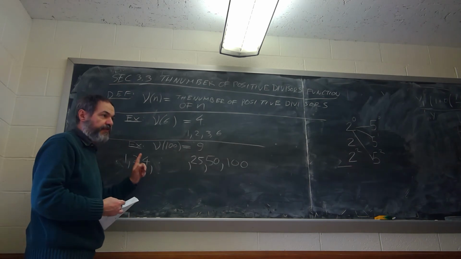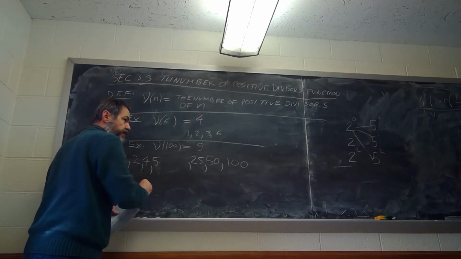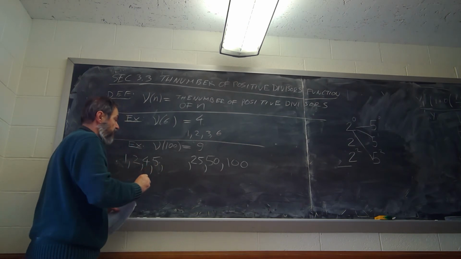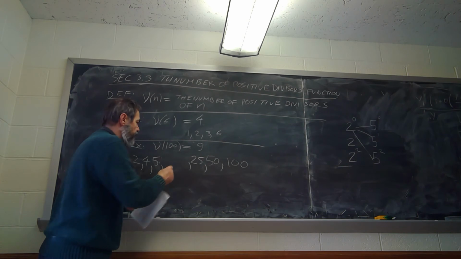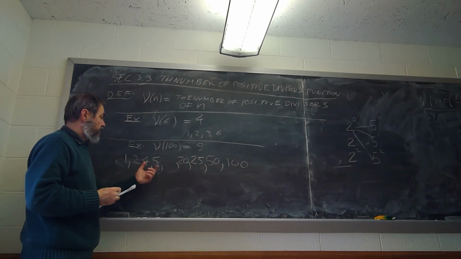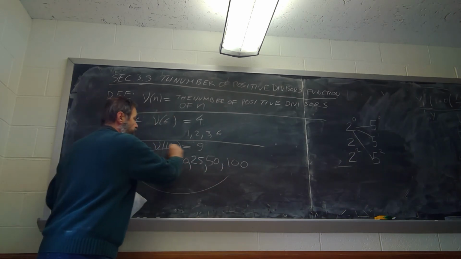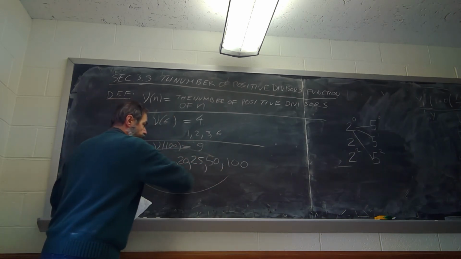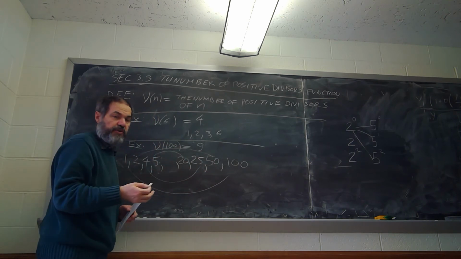The next one is 5, and 5 pairs with 20. So 1 times 100 is 100, 2 times 50 is 100, 4 times 25 is 100, and 5 times 20 is 100.